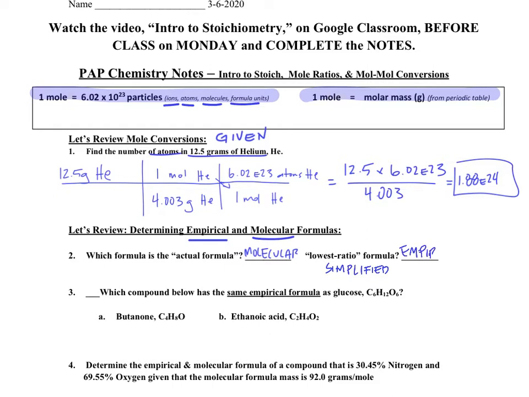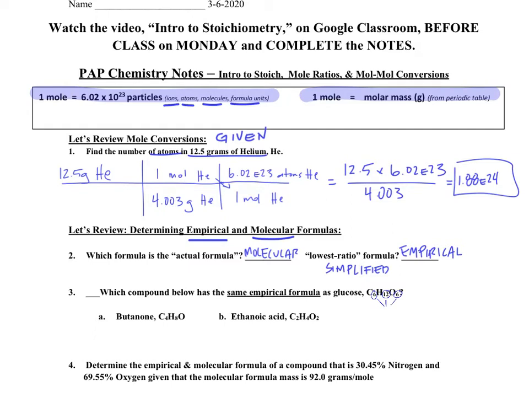It's the reduced version of the molecular formula. So which compound has the same empirical formula as glucose? So when I look at glucose, glucose has C6H12O6. So these are not in their lowest form. This is the molecular compound.